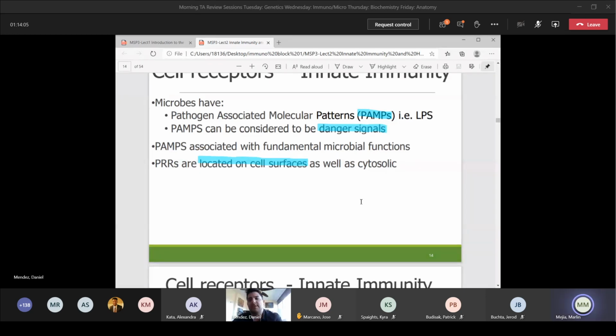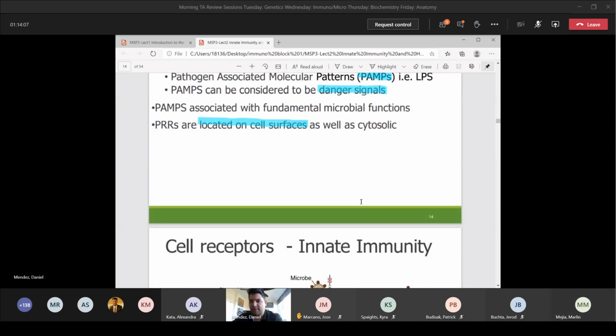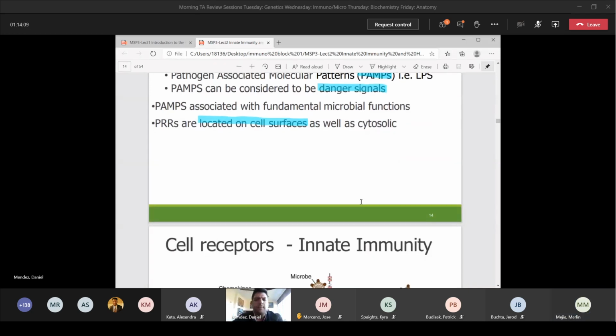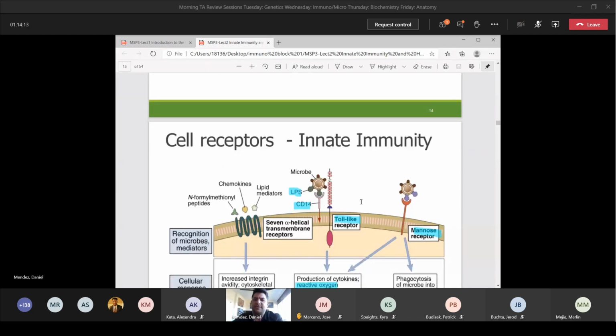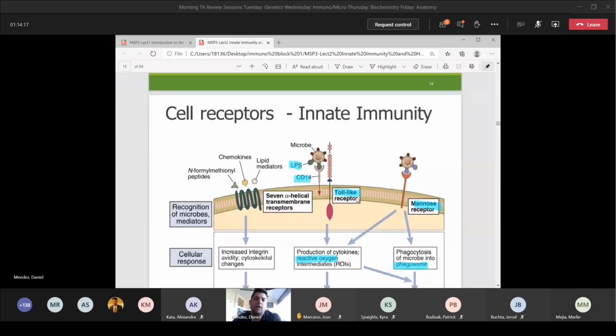So it can be something on the outside of a virus. It can be maybe a type of flagella. It can be a lot of different things. So it doesn't have to be specific for a bacteria, but the easiest ones that we're going to know are going to be the toll-like and the mannose, which are both for bacteria.